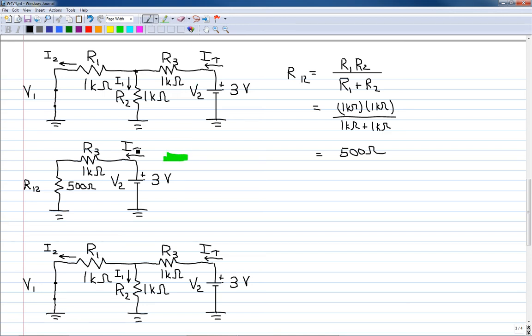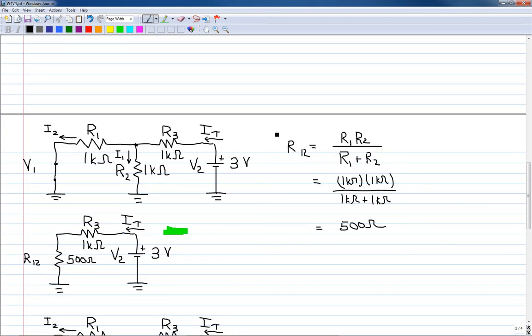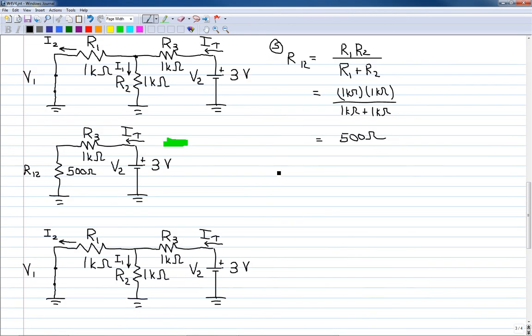Now, since we have a series circuit with R3 in series with R12, we can find the total resistance. So this was step 5. So step number 6 is going to be R total is equal to R3 plus R12.